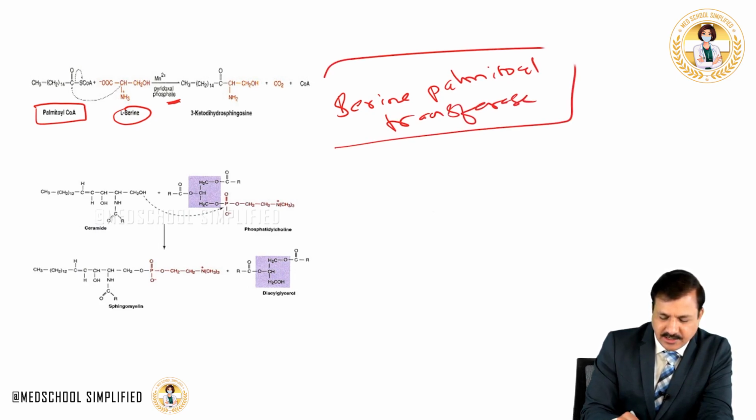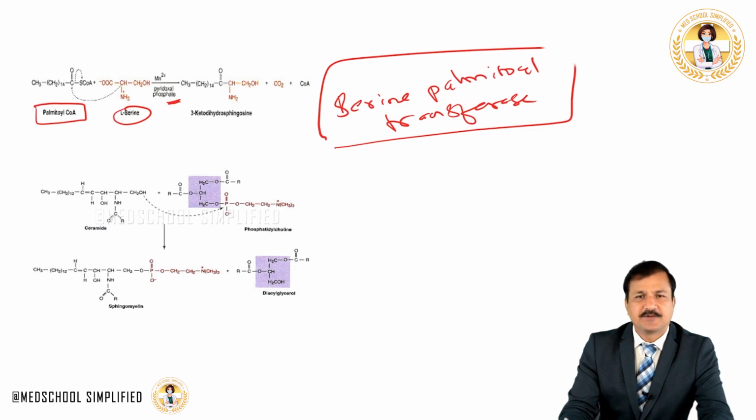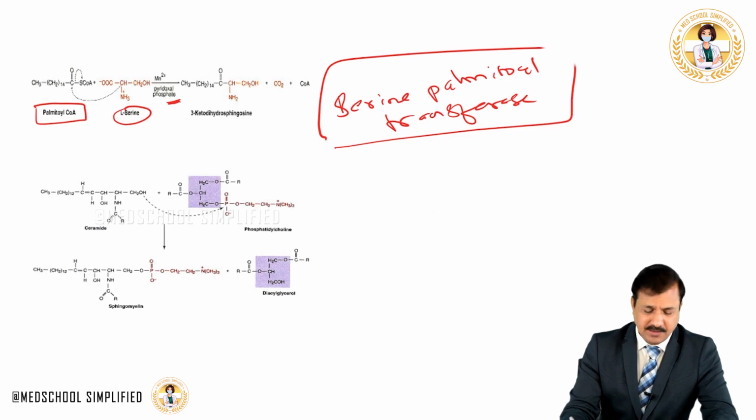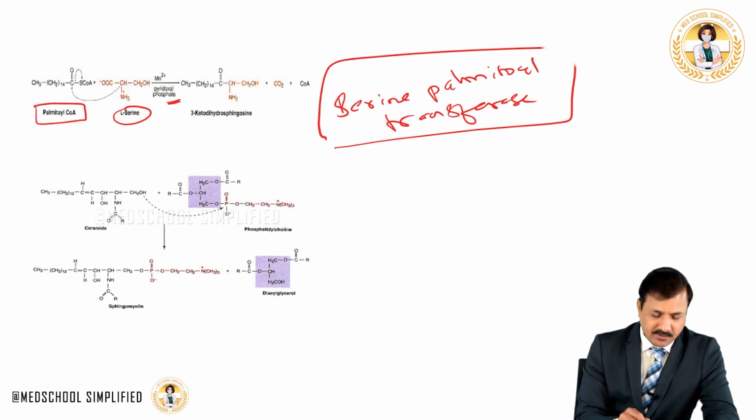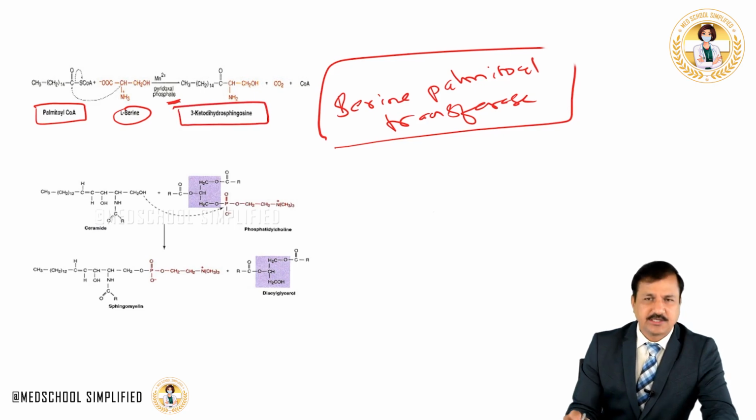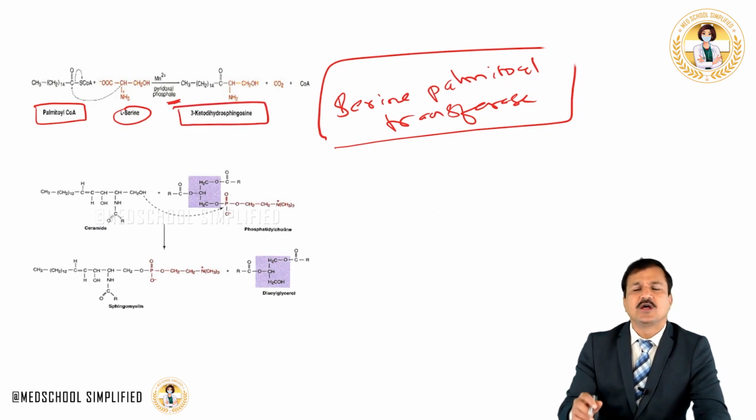As it is there in the name, this enzyme is going to condense the hydroxyl group containing amino acid serine with the palmitic acid in its active form called palmityl-CoA. So now with that we get 3-keto dihydrosphingosine. This is how a sphingosine is made.